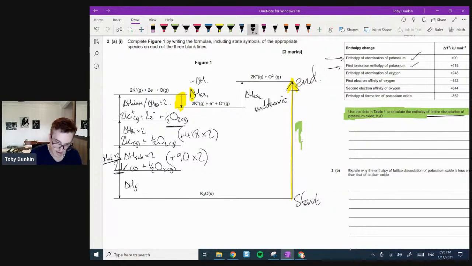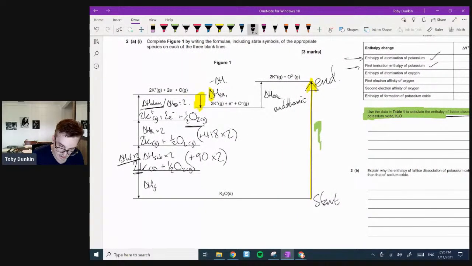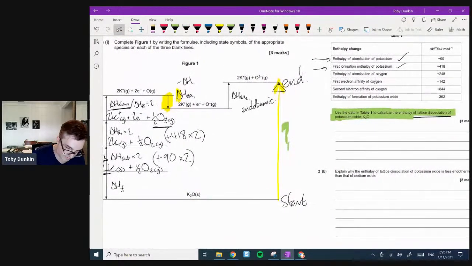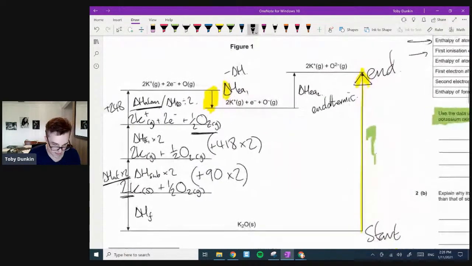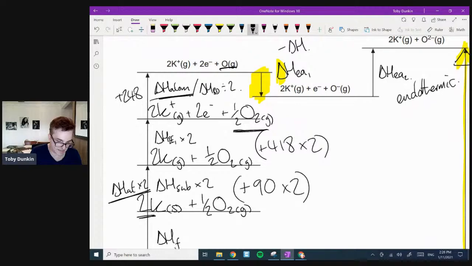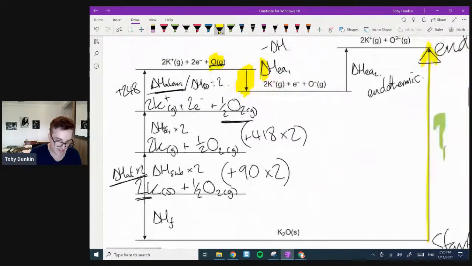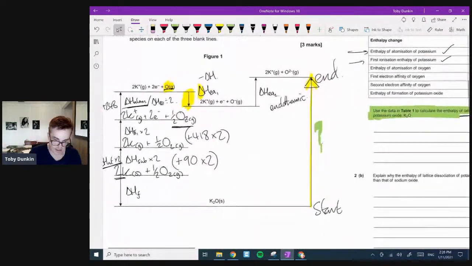Next one, the enthalpy of atomization of oxygen, which is this one, plus 248. We don't need to multiply it because we're making 1 atom in this case, and atomization states 1 atom. So that one's done.